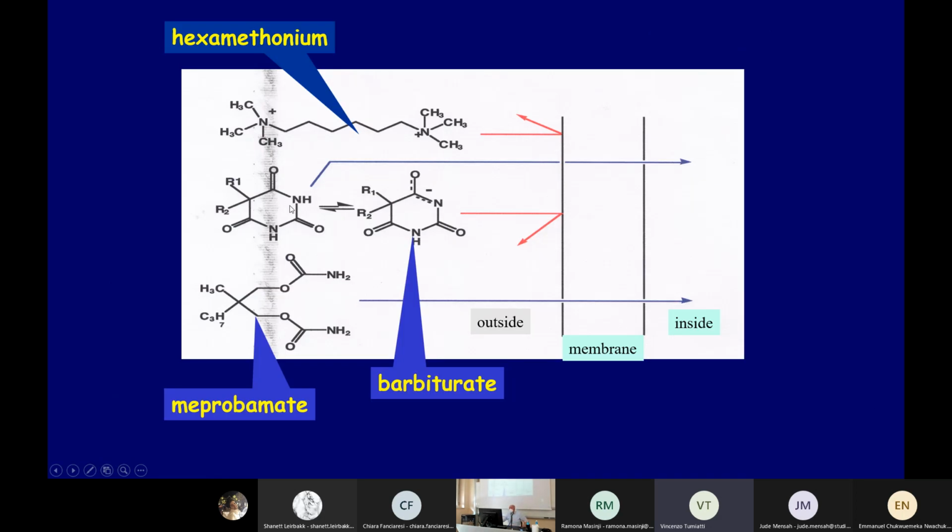Here you can see an example. This is hexamethonium. Hexamethonium is able to block the muscle movement. We use this compound when we want to cut our skin.